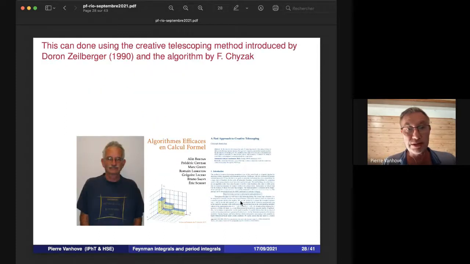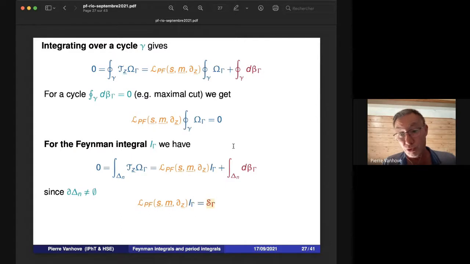So the thing is that one way is to use this algorithm by Zeilberger that has then been improved by many people like Frédéric Chyzak and Christoph Koutschan. And it's a way as well to try to do the GKZ type of approach and get the D-module differential equations.